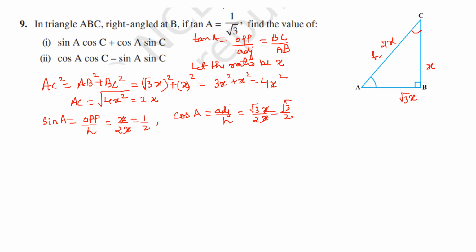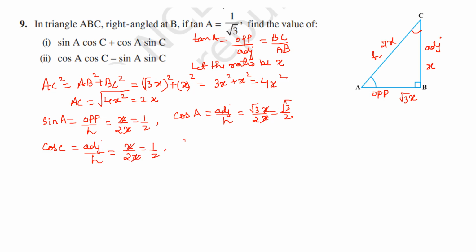So with respect to angle C, if you see, your AB is the opposite side and BC is the adjacent side, isn't it? So cos C will be adjacent by hypotenuse. Now adjacent is x by 2x, x cancel, which will give 1 by 2.